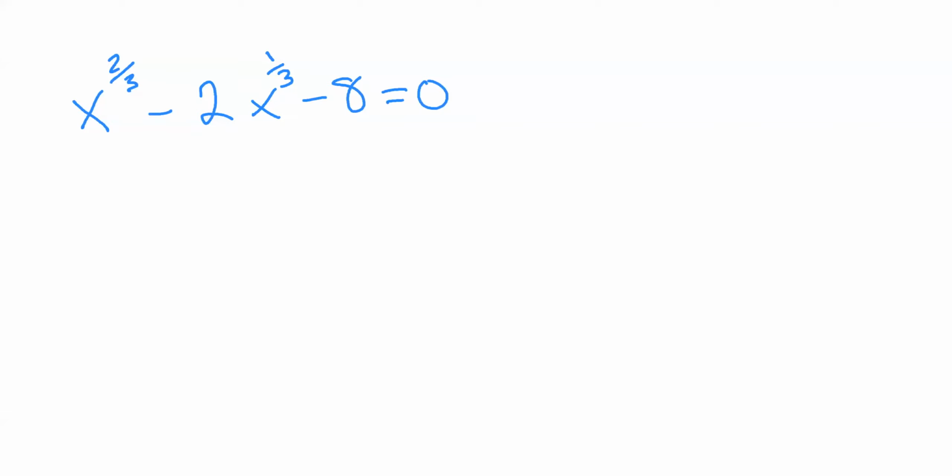So this next example is not actually a polynomial because the exponents on our variables are fractional. But we can treat it like a polynomial. We can actually treat it like a quadratic by using our substitution. So I want you to notice that x to the 2/3 is equal to x to the 1/3 squared.